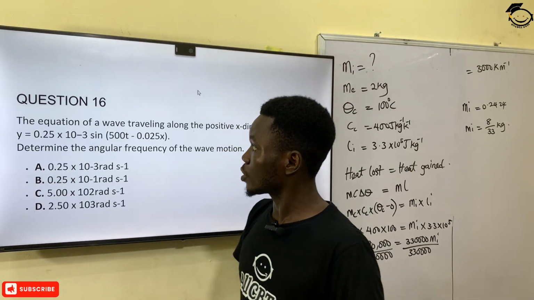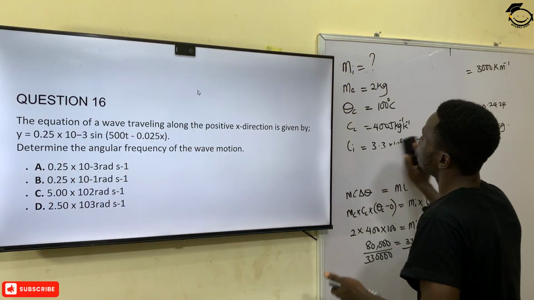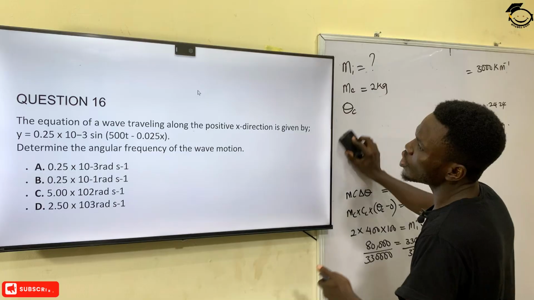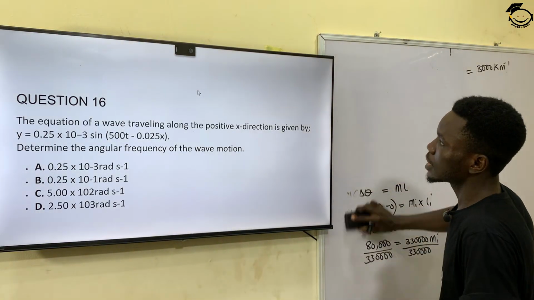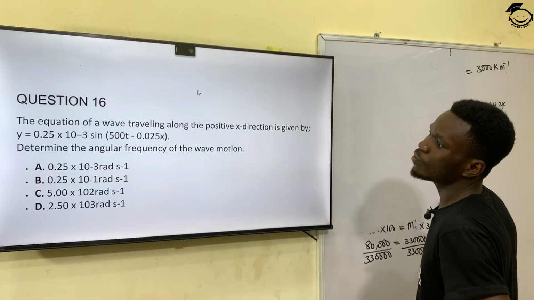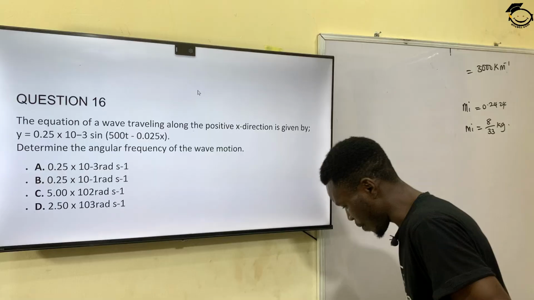So that takes us to question number 16, which says, the equation of a wave traveling along the positive x direction is given by the equation. So this is the equation of the wave.